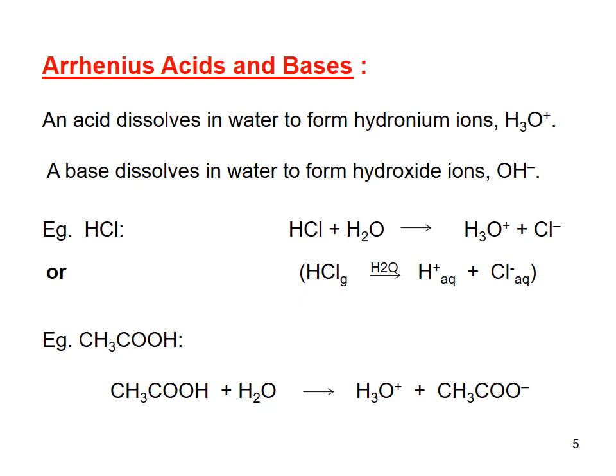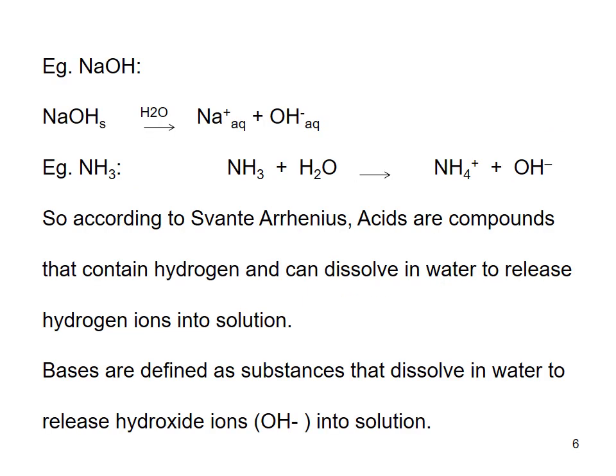Another example is acetic acid. If you treat acetic acid in water, again it forms hydronium ion, so we can say that acetic acid is an acid according to the Arrhenius concept. For a base, take sodium hydroxide.